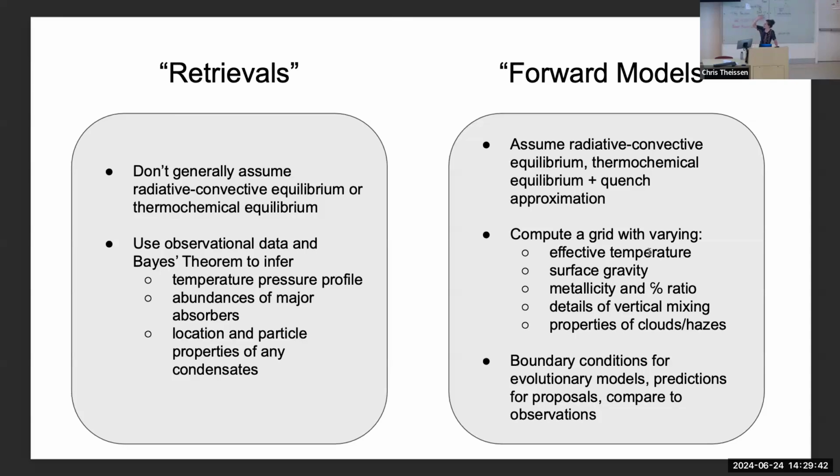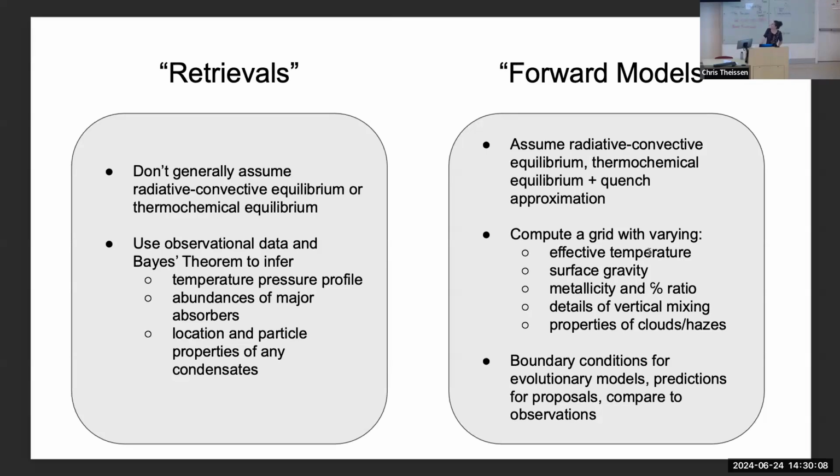But briefly, retrievals are a little more data-driven. We take the spectrum, and then we try to back out what parameterized temperature-pressure profile and what abundances of major absorbers best explain the spectrum that we see. But we don't necessarily make assumptions about it being in radiative-convective equilibrium or having specific chemistry going on.